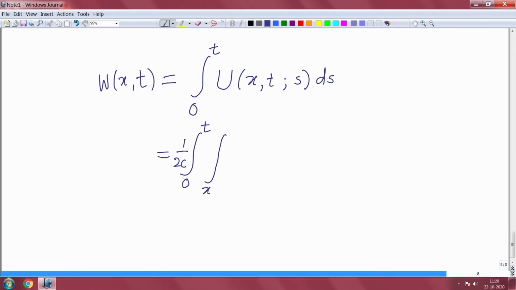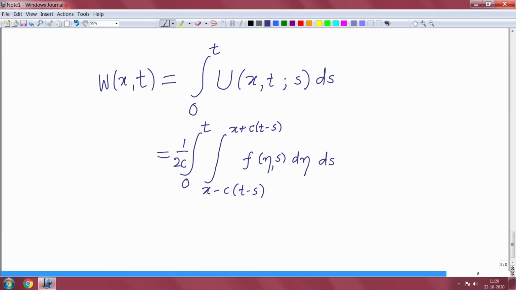X minus c times t minus s, x plus c times t minus s, f of eta s, d eta. So, this is u x t s, and now we are integrating with respect to s.